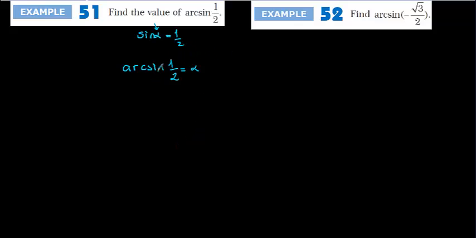If arc sine 1 over 2 is equal to alpha, it means that sine alpha is equal to 1 over 2. If you remember from the hand rule, when sine alpha is equal to 1 over 2, alpha must be equal to 30 degrees. And this angle is between minus pi over 2 and pi over 2. Or you can write alpha is equal to pi over 6, which is also 30 degrees.